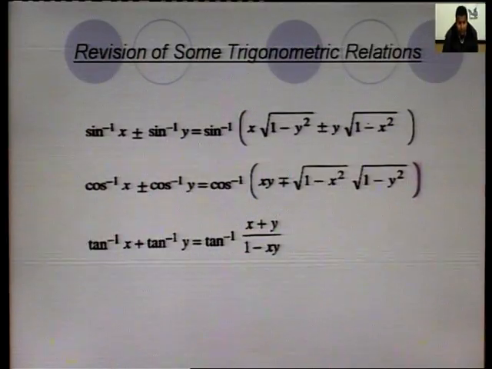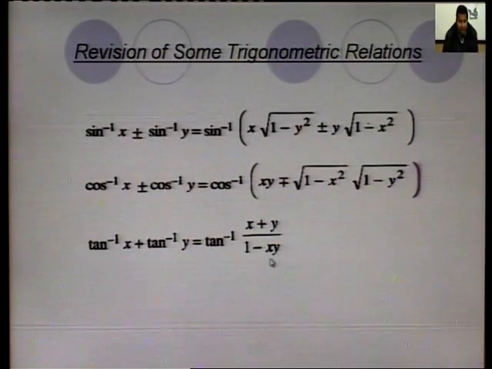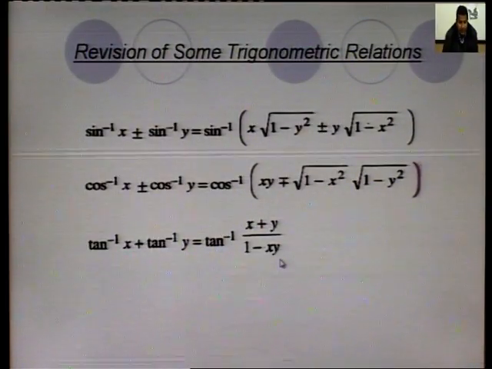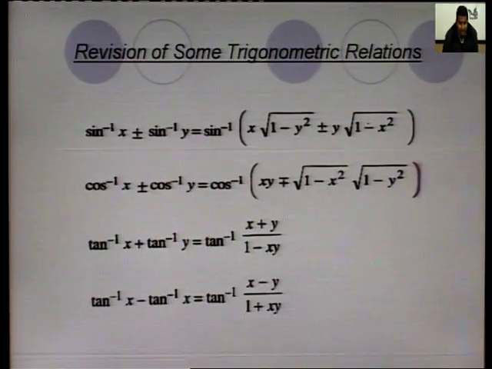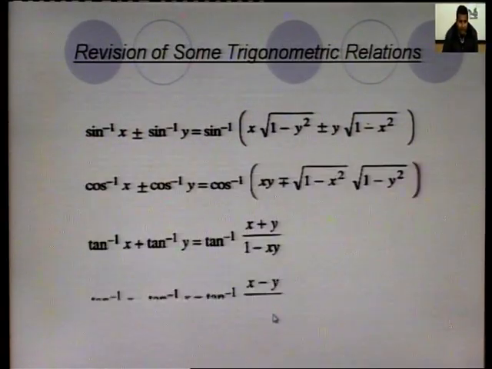Now for the tan also, tan inverse x plus tan inverse y is equal to tan inverse of x plus y divided by 1 minus x into y. And for tan inverse x minus tan inverse y, it is tan inverse of x minus y over 1 plus x into y. These are the inverse formulas.